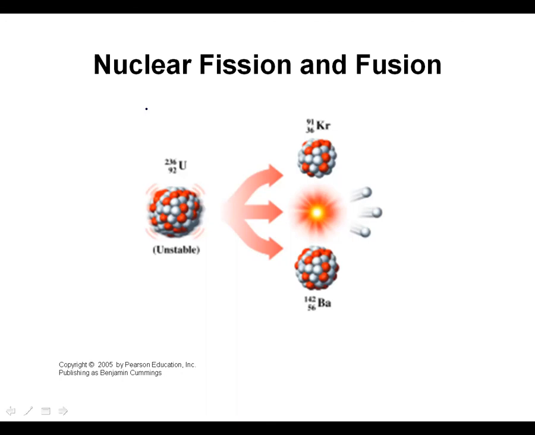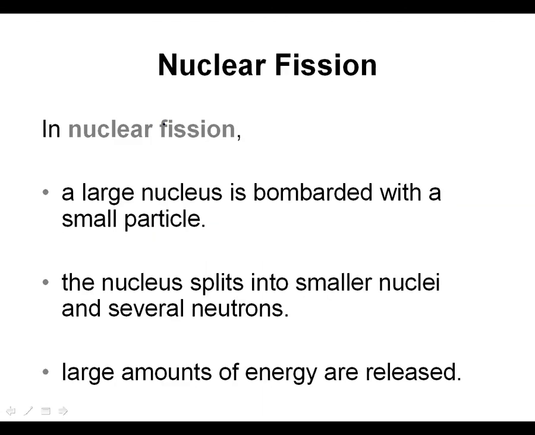So we're then going to talk about nuclear fission and fusion and the difference between them. So let's start with the fission reaction. In a nuclear fission reaction, a large nucleus is bombarded with a small particle. So this is what we were talking about earlier, a nucleus bombarded, perhaps by a neutron.